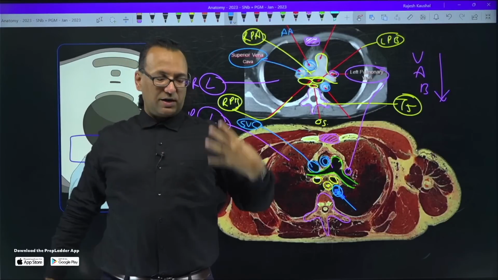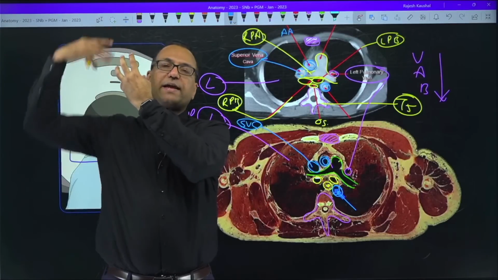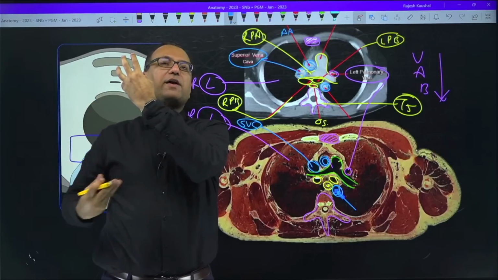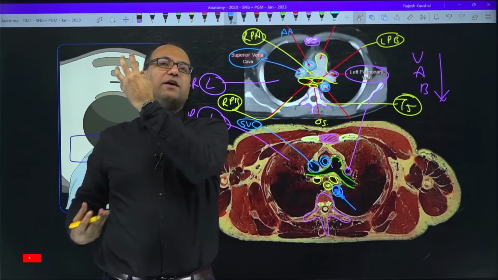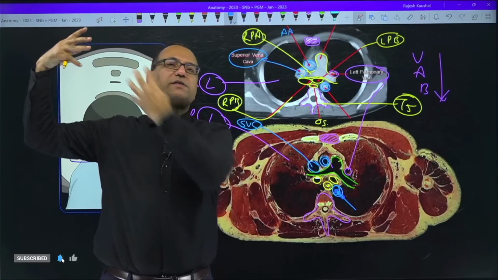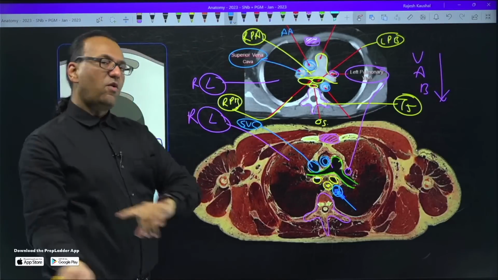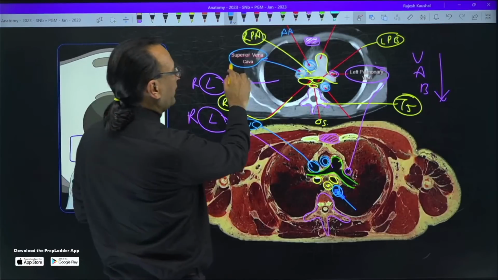So left ventricle sends ascending aorta, sandwiched between superior vena cava on the right side and right ventricle sending pulmonary trunk to the left. So three vessel arrangement. What is this? Superior vena cava. What is this? Ascending aorta. And what is this? Pulmonary trunk. What is the most right side? Superior vena cava.